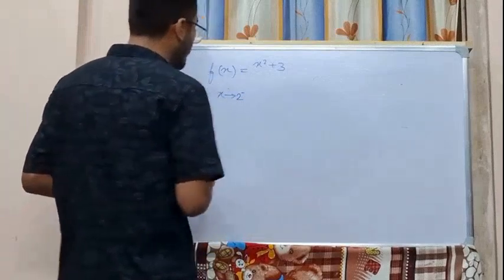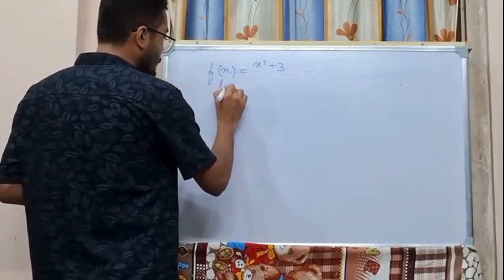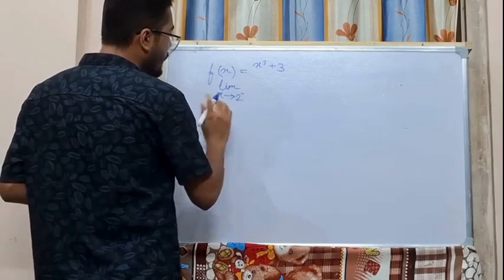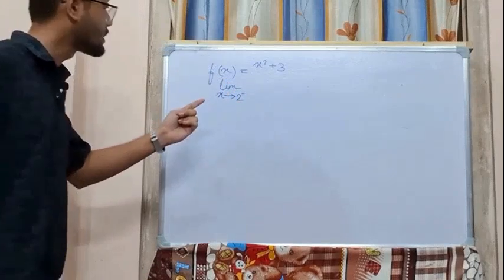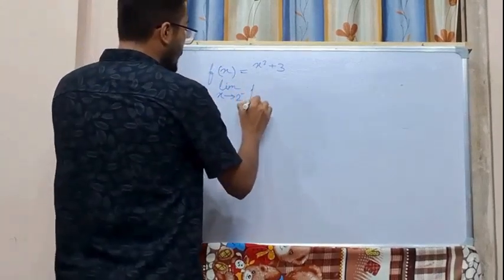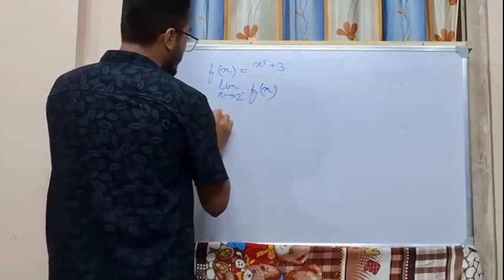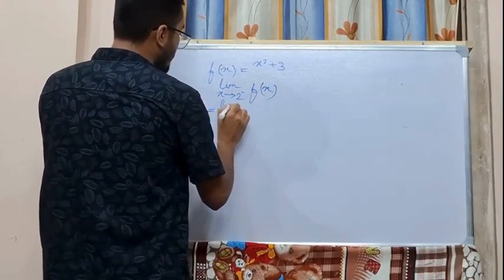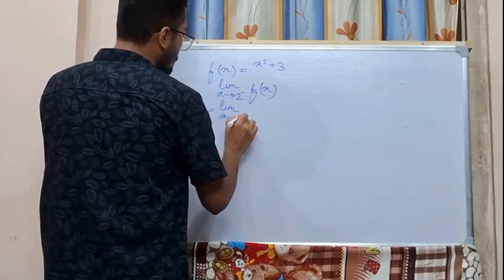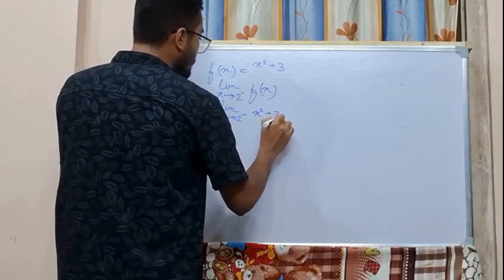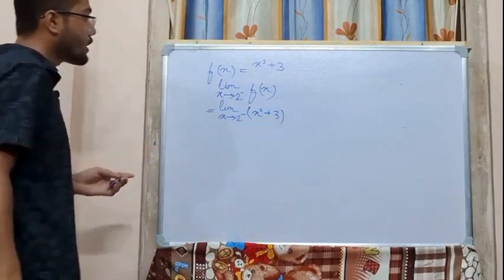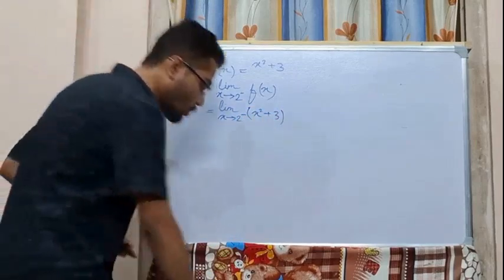For this, we will write limit x tends to 2 minus f of x, that is limit x tends to 2 minus of x square plus 3.